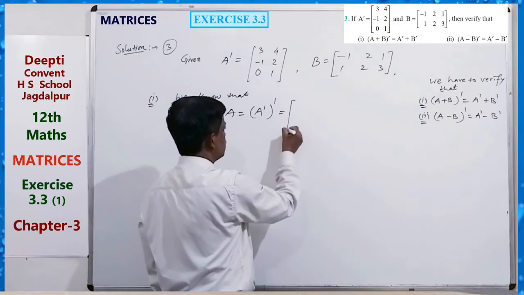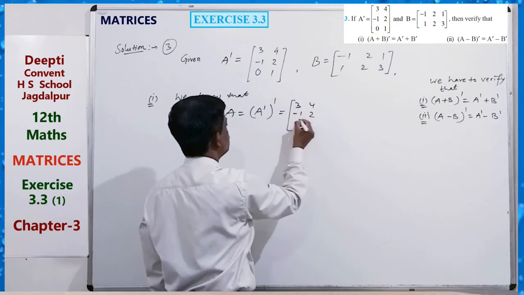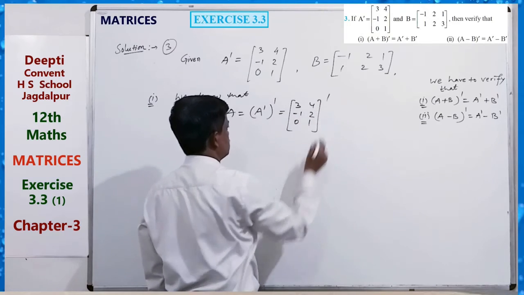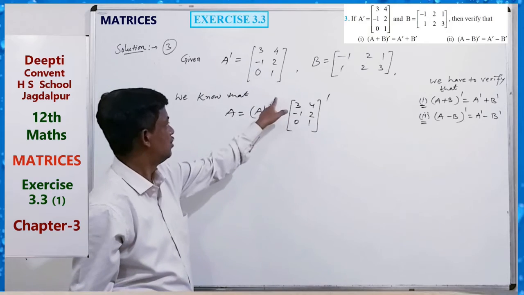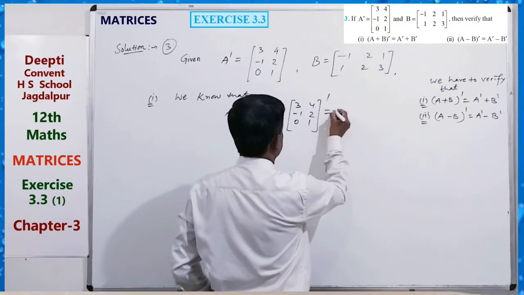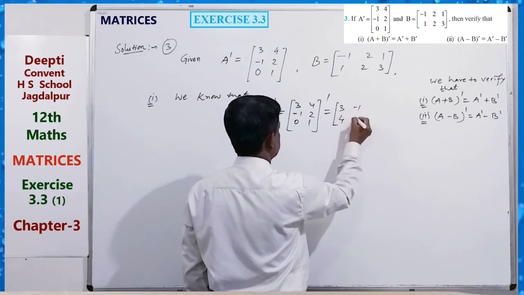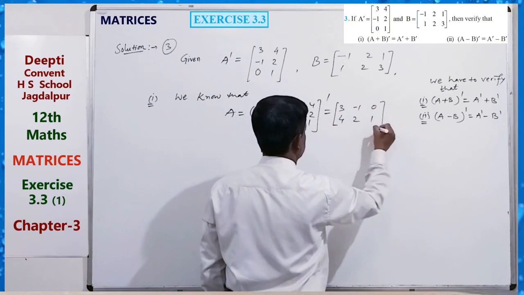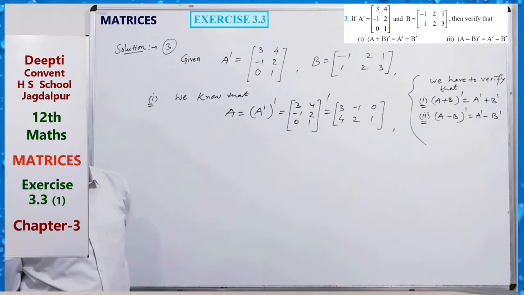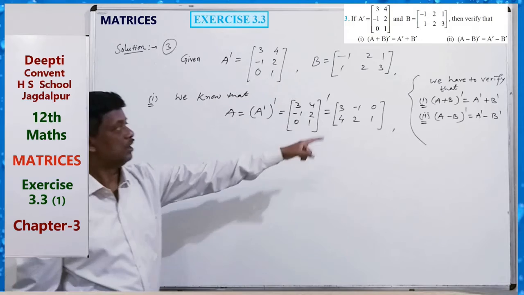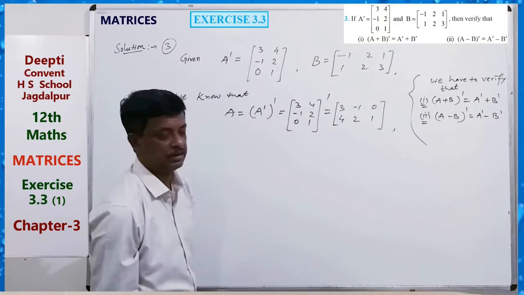So A dash is given as 3 4 minus 1 2 0 1. Taking its transpose we get A. So this is A and that is B, and both are 2 by 3, so we can add and subtract.